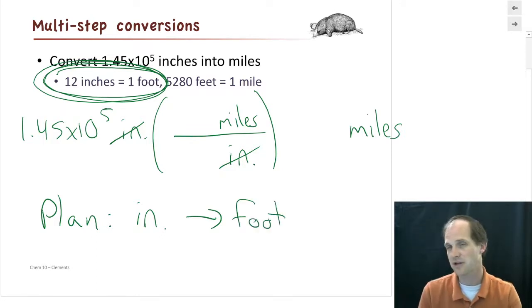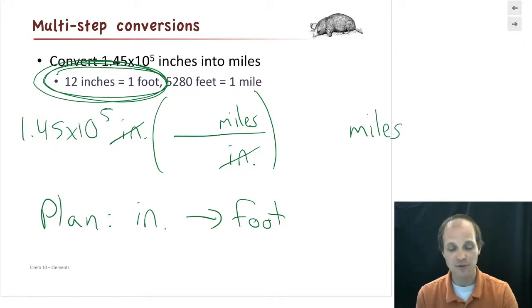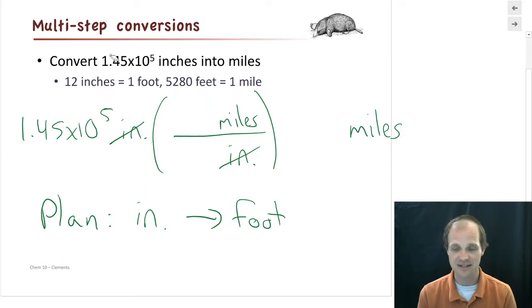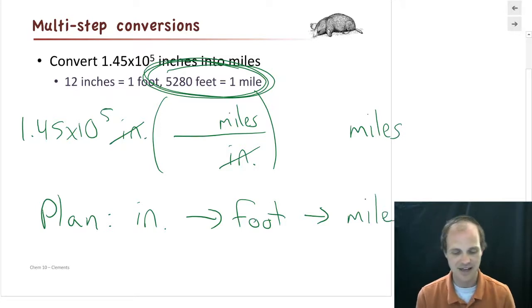So even if I'm not sure if that's the right path, I'm going to take that path because it's the only path available to me at the moment. And we'll see if it works out in the end. Remember, science is ugly sometimes. So what are we going to do next? We have feet, and we're trying to get to miles, and lo and behold, we can convert feet into miles, and we get something that looks just like that.